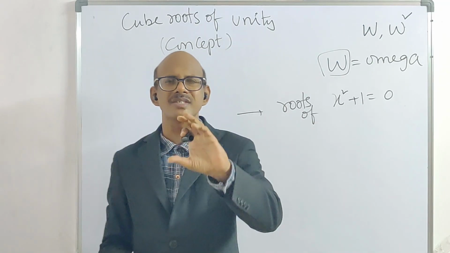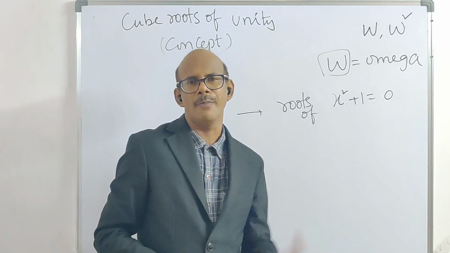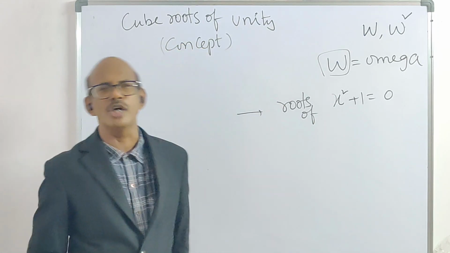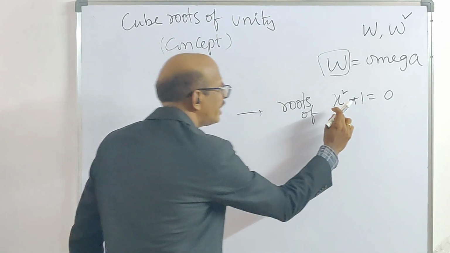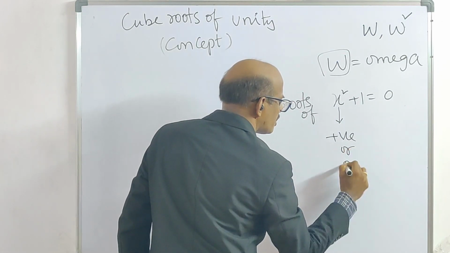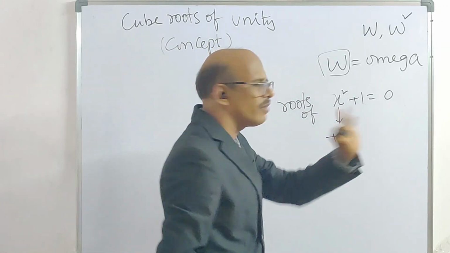That's why the imaginary number comes into the picture here. x square is always positive, or it may be 0, but never negative. If x is 0, 0 square is 0, and 0 plus 1 is never equal to 0.